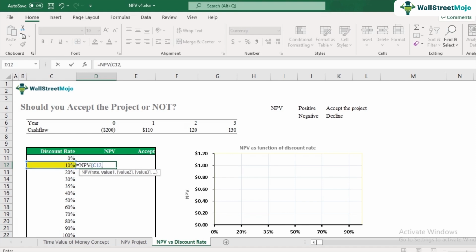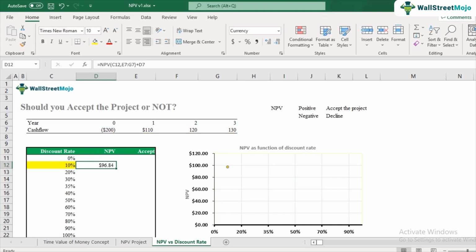And what are the cash flows? The cash flows are these, right? So if I close this bracket, this will give me the present value of all the future cash flows, right? Now, over and above that, I need to deduct my cash outflows, right? So how much will be my NPV? This is 96.84.